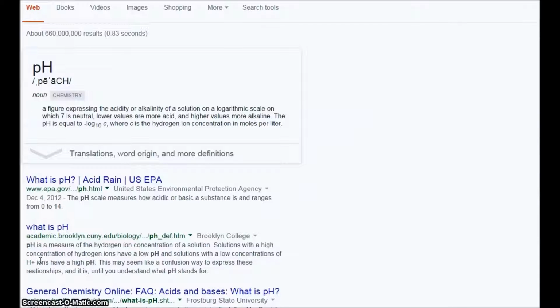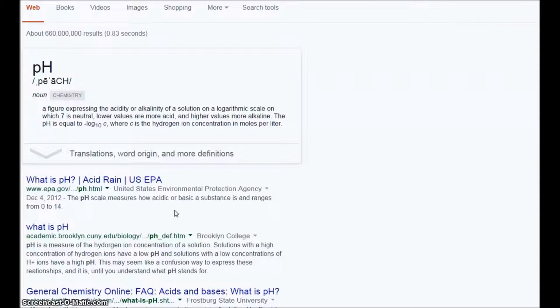When water becomes dissociated into ions, and it does, any glass of water that is neutral has an equal number of hydrogen and hydroxyl or OH ions. And that means a pH of 7.